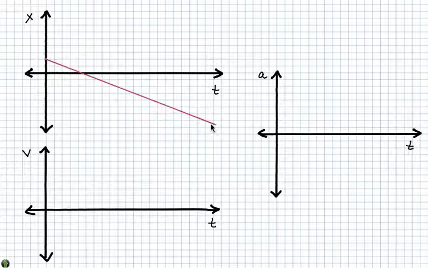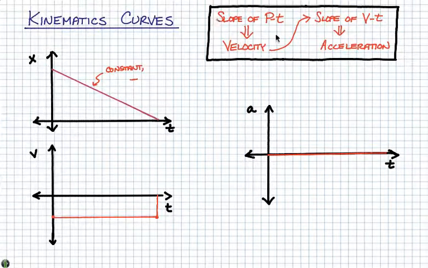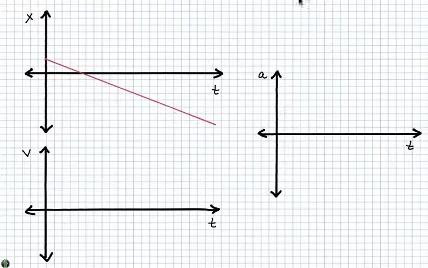But if we would like to draw the velocity time graph, we only have to remember that the slope of a position time graph will give us our velocity, and the slope of a velocity time graph will give us our acceleration. If we look at this slope, we should notice immediately that the slope is both constant and negative.